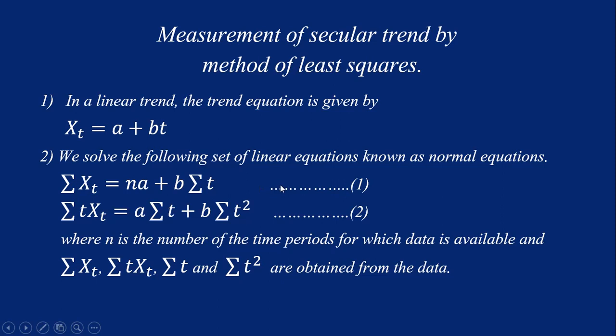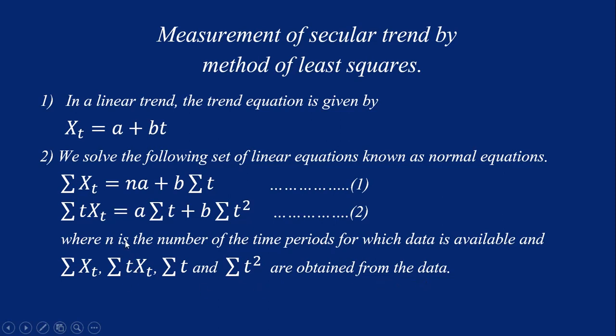Using the given data, we substitute those values here, and solving these two equations, we can find values of a and b, and substituting those values in place of a and b, we get the equation of the trend line, where n is the number of time periods for which the data is available, and summation xt, summation t xt, summation t, and summation t square are obtained from the data.